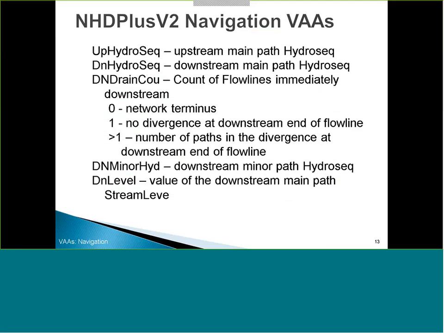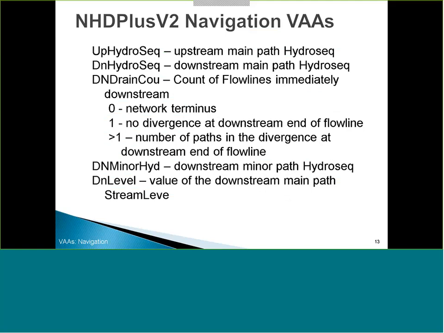There are 5 upstream and downstream attributes within the VAAs, so that when you're sitting on a flow line, you have some preview of what's upstream of you and what's downstream of you. You know what the upstream hydrosequence number is. You know what the downstream hydrosequence number is.